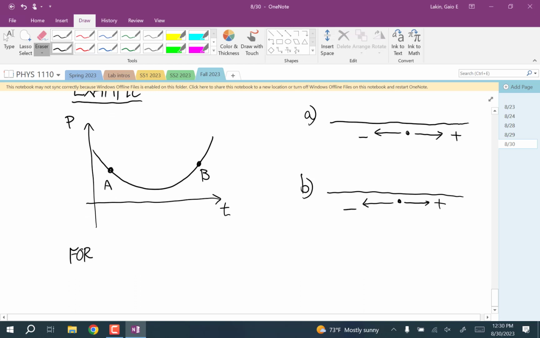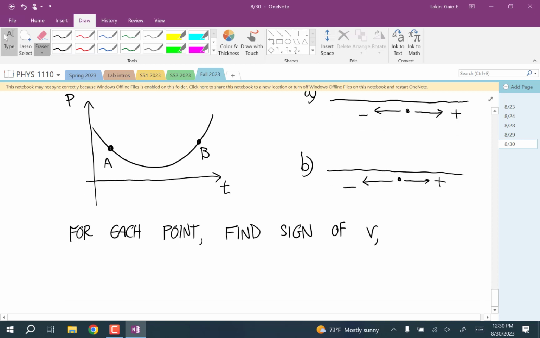For each point, find the sign of the velocity, the sign of the acceleration, and then figure out if it's speeding up or slowing down.